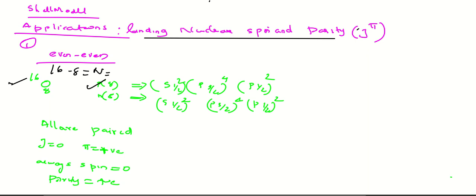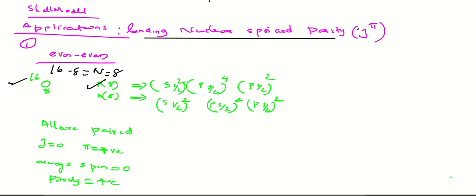So with 8 protons and 8 neutrons, we can arrange them in the shells like this: S1/2 has 2, P3/2 has 4, P1/2 has 2. 2J plus 1 nucleons are arranged in shells, so we can fill like this.